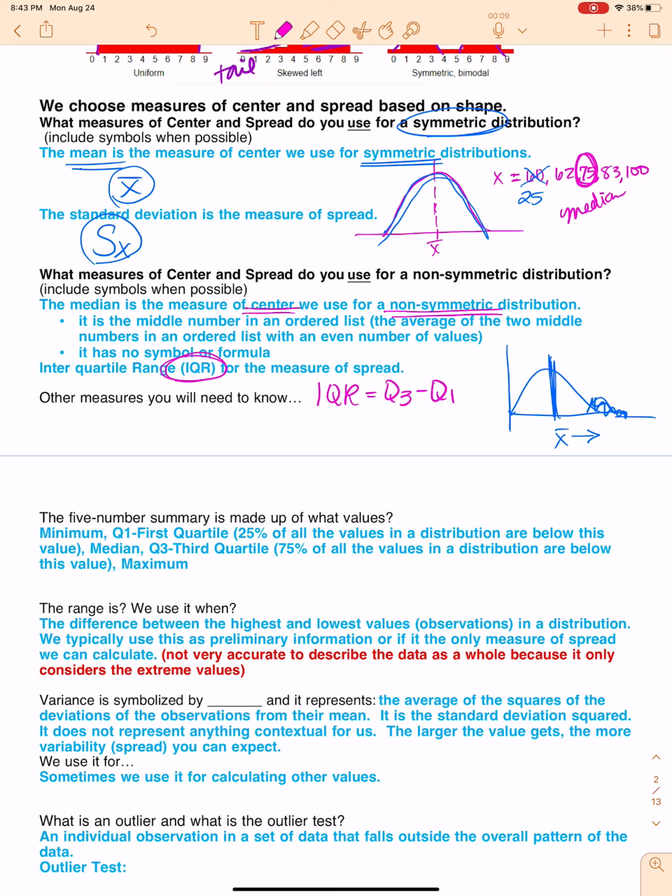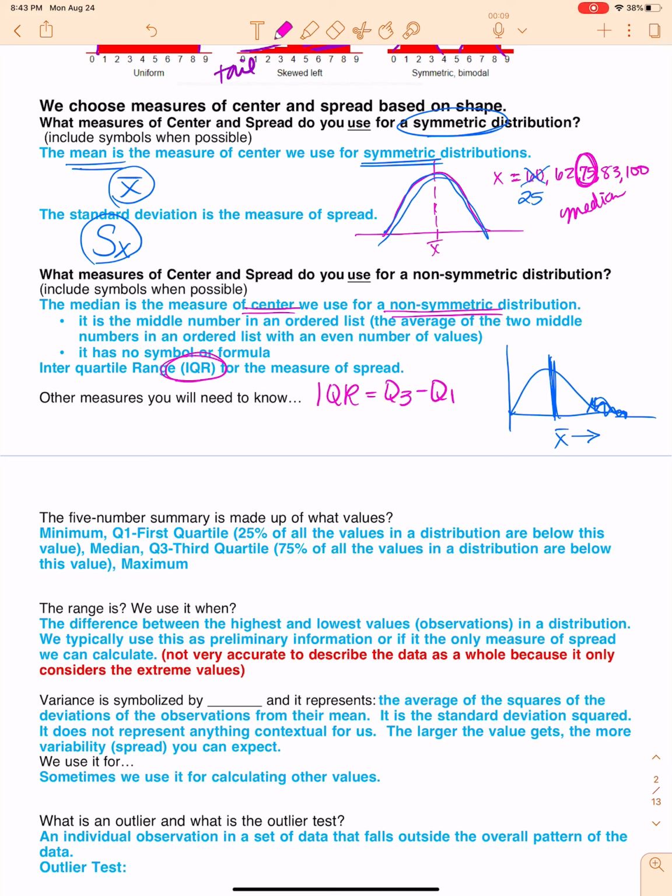Okay, some students have a lot of trouble keeping these separate. So you have to kind of, in your mind, solidify this idea of, okay, if I'm going to say that this distribution appears symmetric, I have to talk about the mean as the center and the standard deviation as the spread.